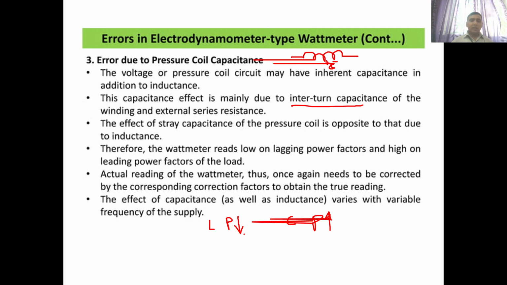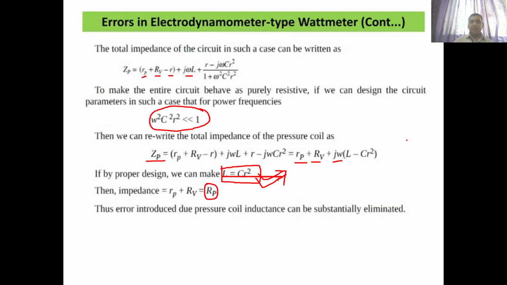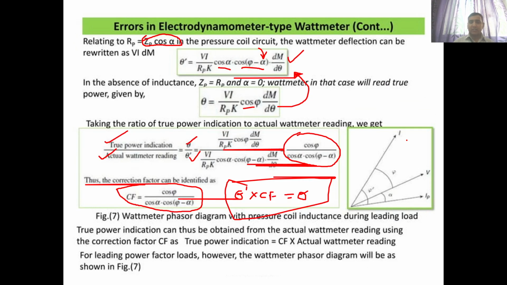Actually, the reading of the wattmeter needs to be corrected by the corresponding correction factor to obtain the true value. So in case of lagging load, lagging power factor, the wattmeter reads low. In case of leading power factor, it reads high. So it has an inverse effect. As we see in the inductive effect, it has an inverse effect. The pressure coil inductance during the leading load has to be corrected.